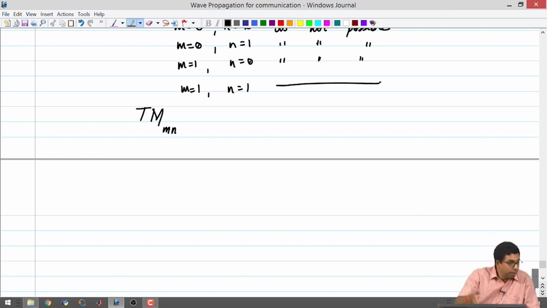Now, if you have found out this form of expression for Ez, can you use this to find out all the other field components directly? Okay. So, we are going to see that, and then we are going to make some inferences and get prepared for different polarizations and also different concepts in waveguides for the future classes.